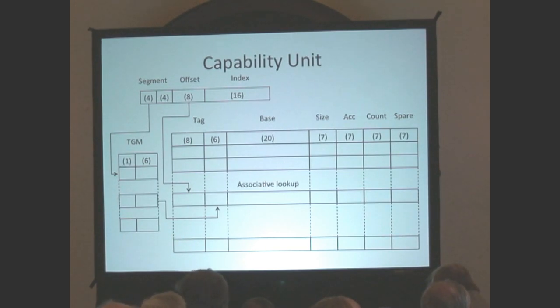And so when you switch process or you switch protection procedure, you just had to update this simple table, and then things could remain in the cache, but they wouldn't match unless their tag matched the keys you put in there. And so that gave you a slightly faster lookup.